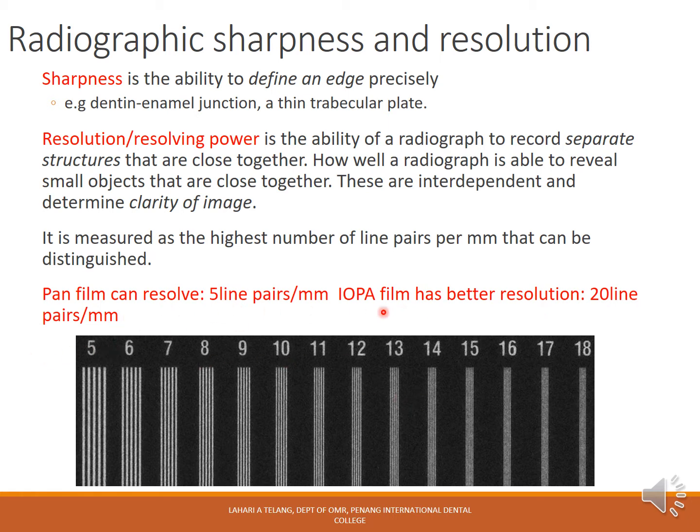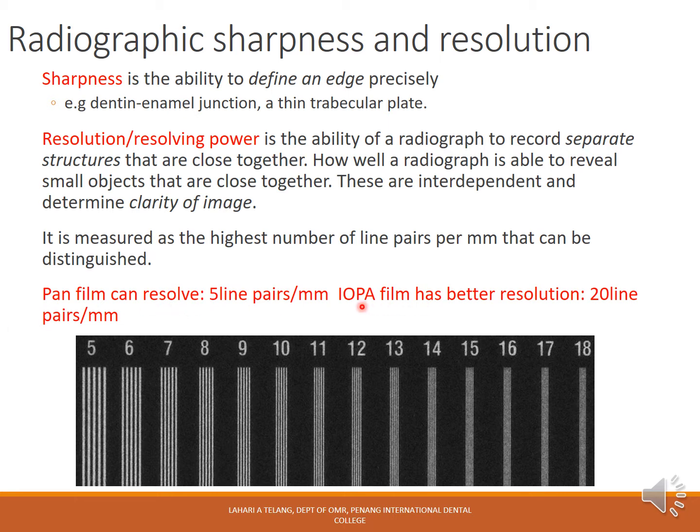The clinical application of this would mean that if we were to look at details, for example, the presence of a fracture line in a tooth, or the canal morphology, or finer details of trabecular pattern, it is better to use an IOPA film as a diagnostic tool rather than a panoramic, which gives you lesser resolution and lesser detail.